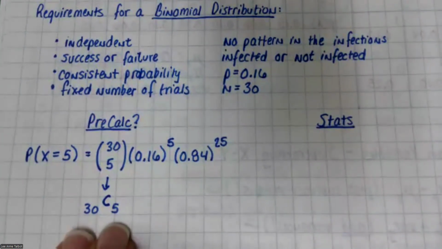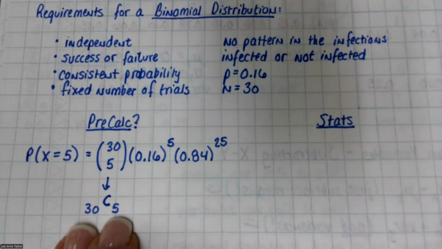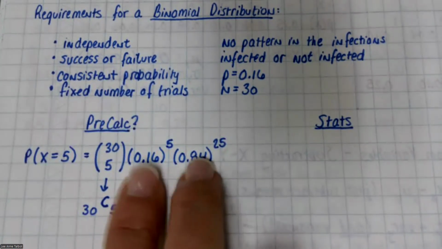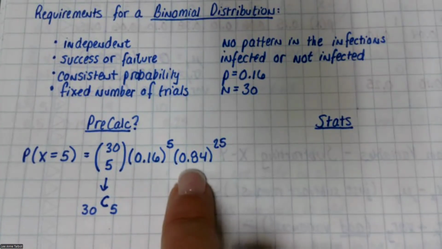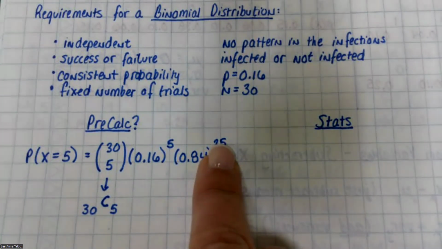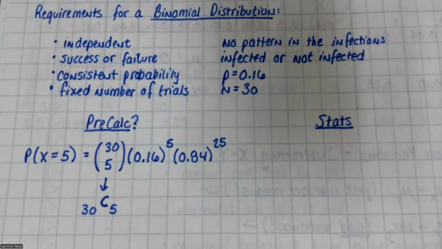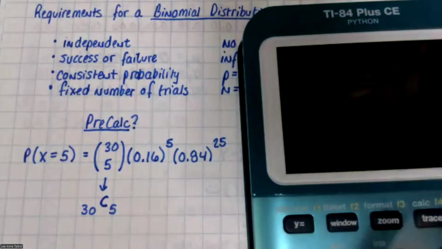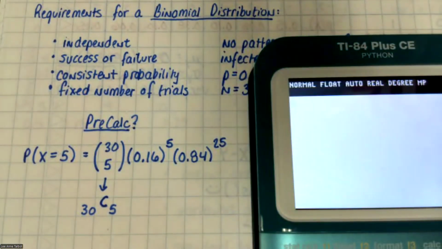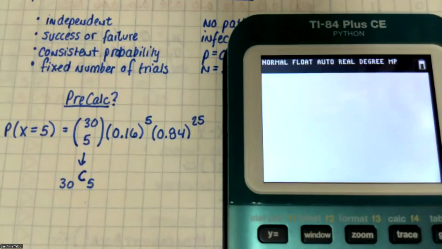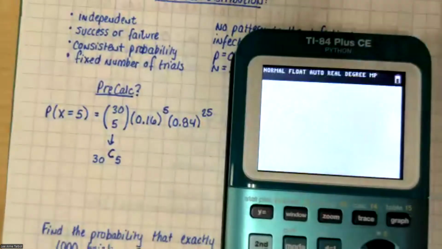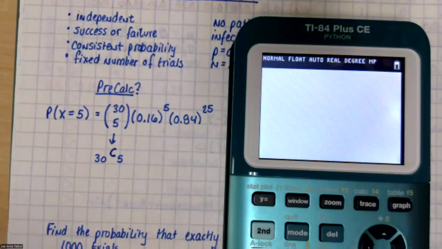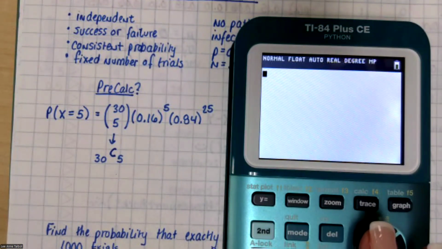Okay, so this tells you, again, how many branches would have 5 infected trees. And then this is saying infected trees, there's 5 of them. Not infected trees, there's 25 of those. Okay, let's practice typing this in the calculator. Okay, so all calculators are different again.